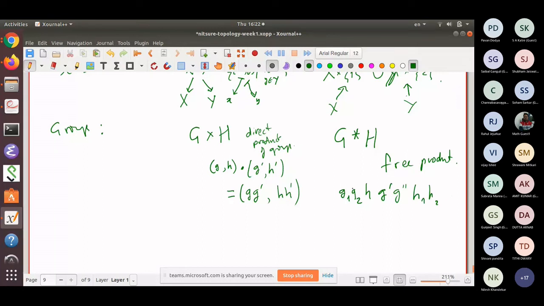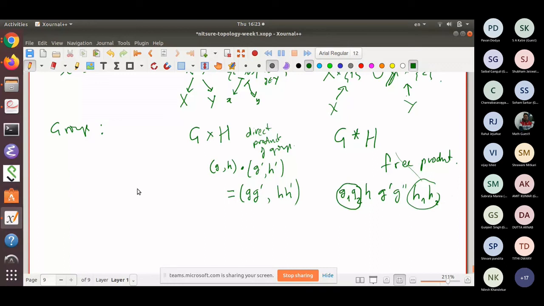Now evaluate this product using the rule of G, and evaluate this product using the rule of H, so that now you will have elements of G separated by elements of H and no further contraction possible. And now when you multiply two things, if two G things come together, carry out the multiplication in G. If two H things come together, carry out the multiplication in H. How do you write the inverse? Write everything in reverse order and put an inverse on each element. And that will be the inverse. You get the idea how to make a free product?